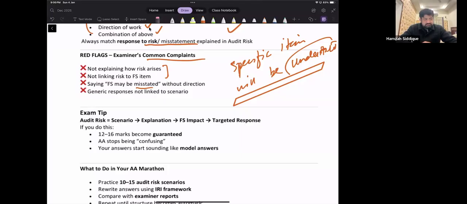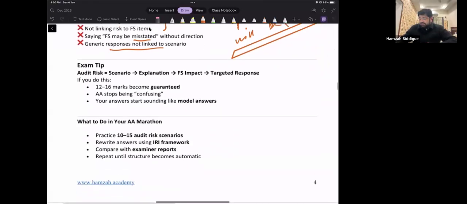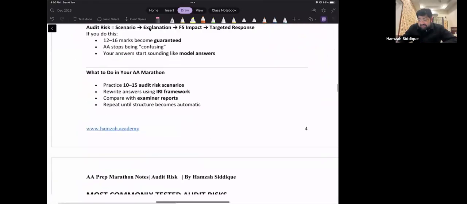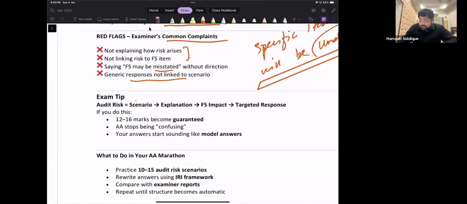Next point. A generic response not related to the scenario doesn't attract marks. Now, students, remember, very important exam tip, you see: audit risk, scenario, explanation, financial statement impact, and targeted response.